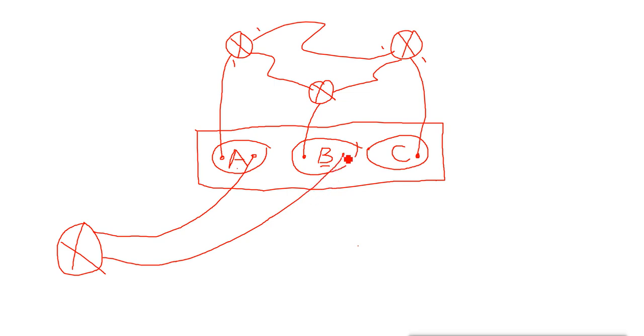Then I will use another port and I will connect it to this VLAN. Now I will configure IP addresses on these ports from these VLANs, like the network IP of this VLAN. I will configure the same network IP in this port, and all the machines of this VLAN will get the gateway of this port, same as for B and C.